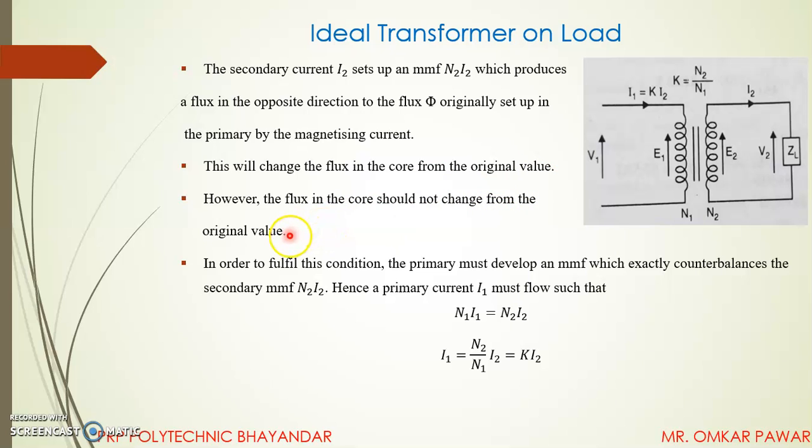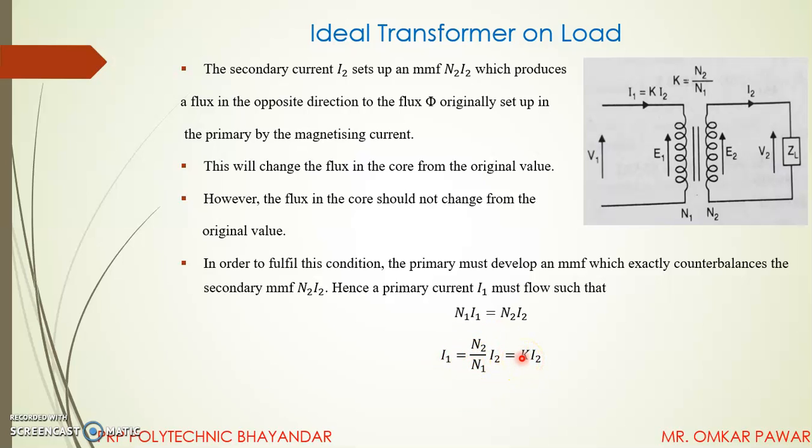So, to fulfill this condition, the primary must develop an MMF exactly counterbalancing the secondary MMF N2 I2. Hence primary current I1 must flow such that N1 I1 is equal to N2 I2. From this equation, I1 is equal to N2 by N1 times I2, that is N2 by N1 is K, so I1 is equal to K I2.